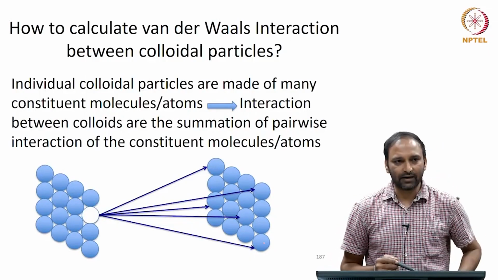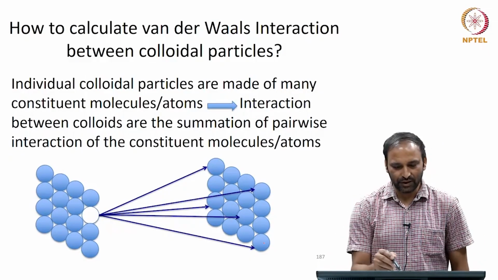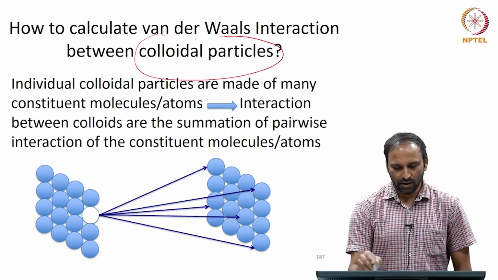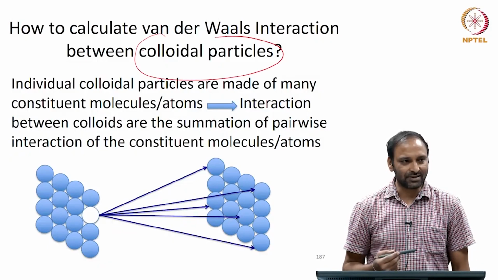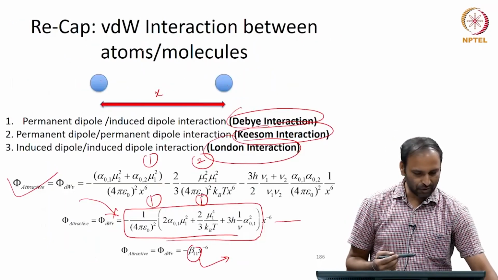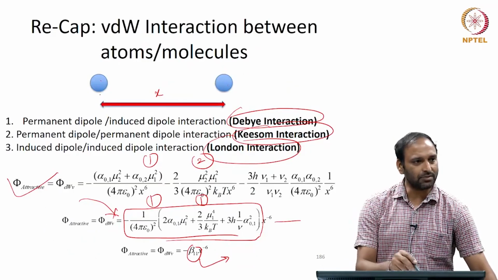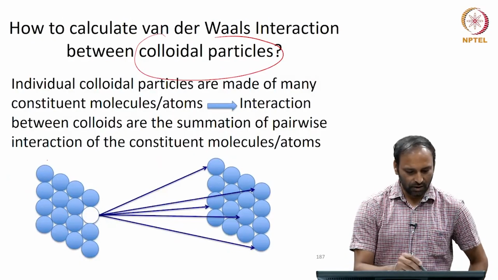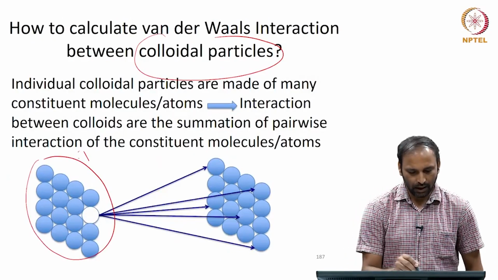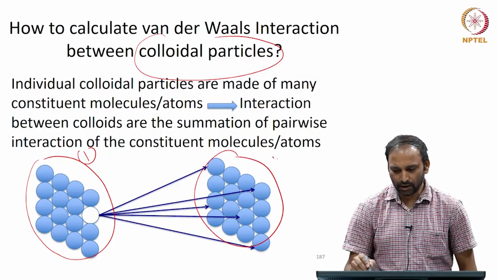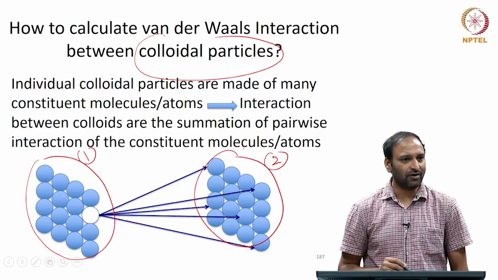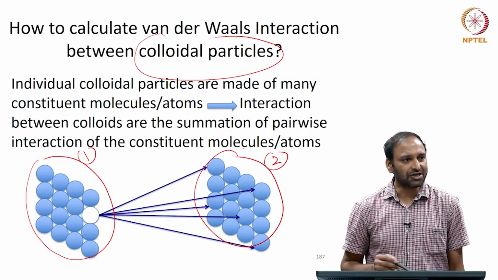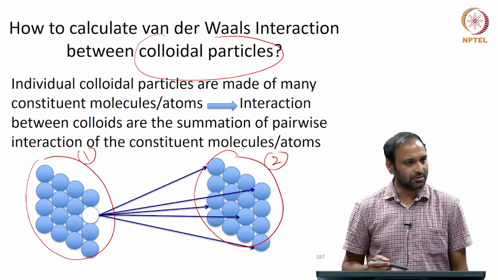Now, if you want to calculate the van der Waals interaction between colloidal particles, we can extend this. Here we were assuming two atoms or two molecules interacting. Now you can consider colloidal particle 1 and colloidal particle 2 as consisting of a large number of atoms and molecules.